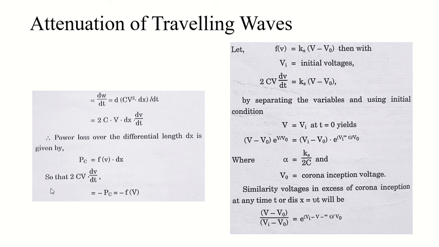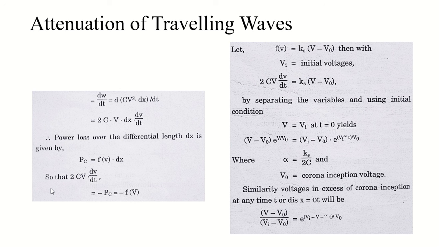So the power loss over the differential length dx can be given using this formula, Pc equals f of V into dx. So that 2CV into dV by dt will become what? It will be equal to minus Pc, or minus f of V, right?